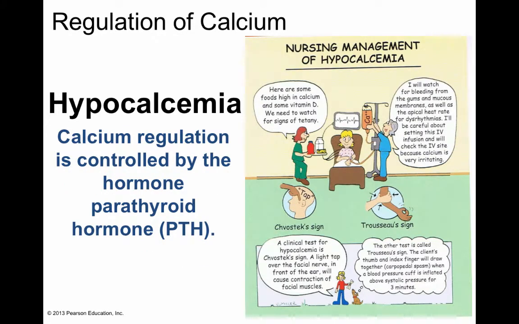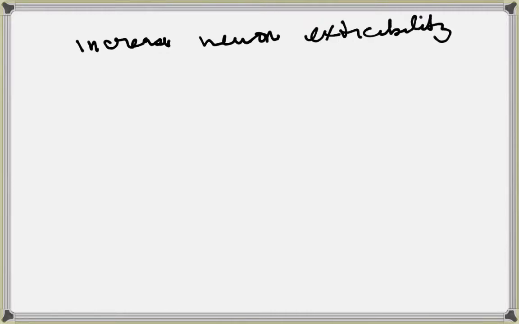Now, hypocalcemia is low levels of calcium in the blood. And so this can be a problem because it can increase neuron excitability. Increased neurons that are excited can signal to muscle cells.